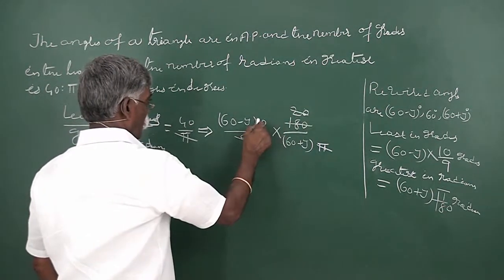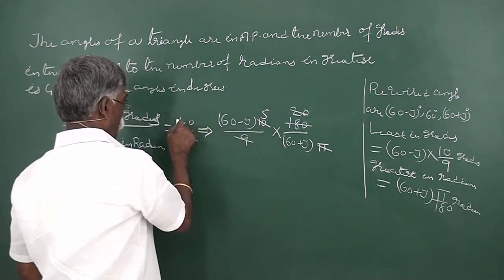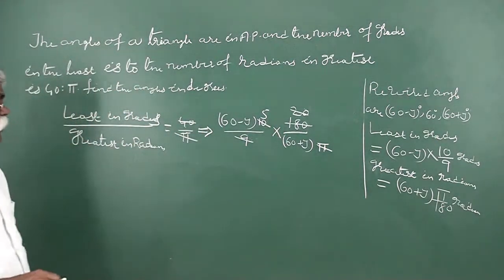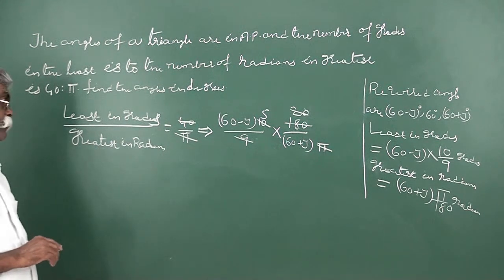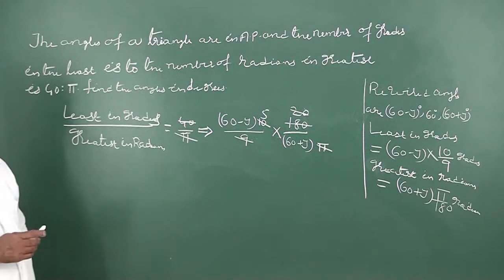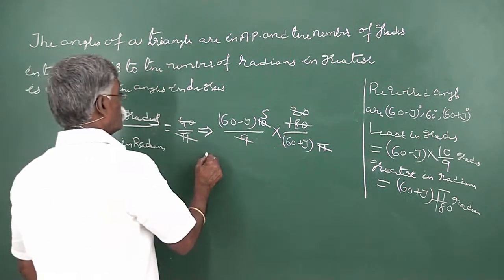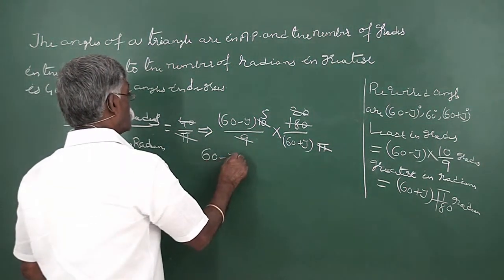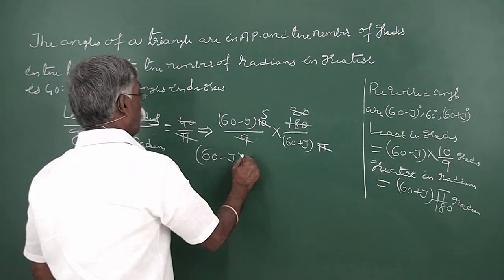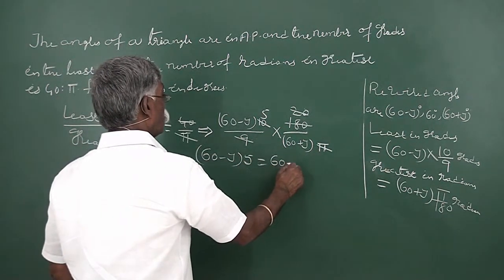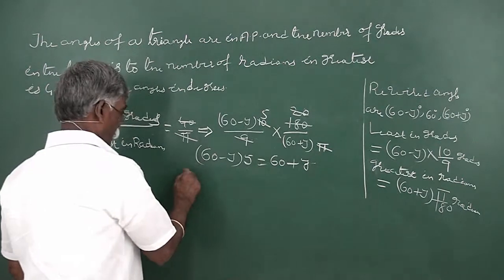So 20 here 2 goes and 40 goes away. So the remaining is 60 minus y into 5 by 60 plus y is equal to 1. So 60 minus y into 5 is equal to 60 plus y.